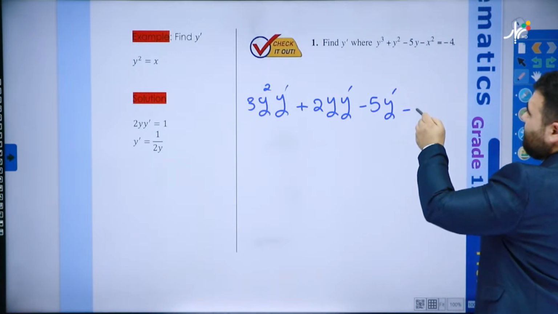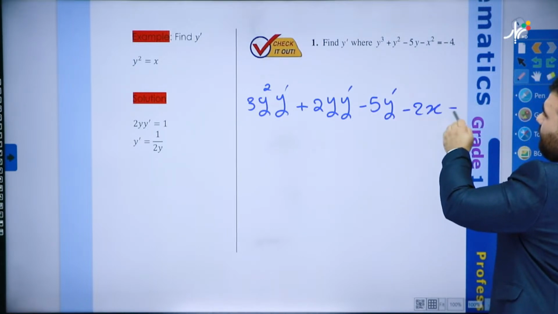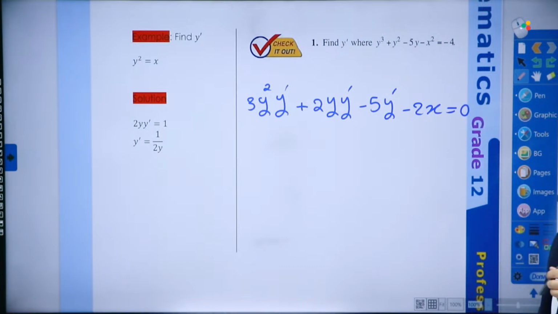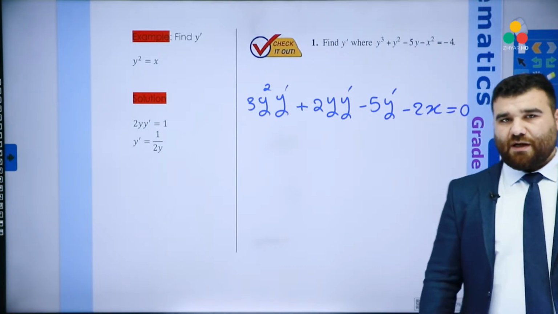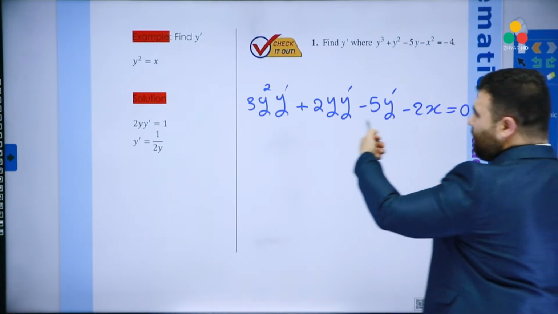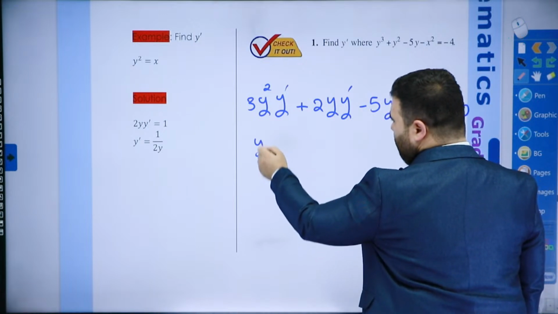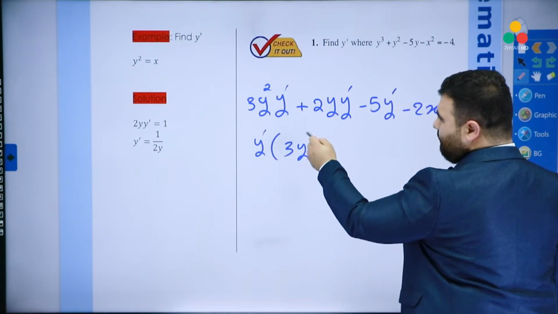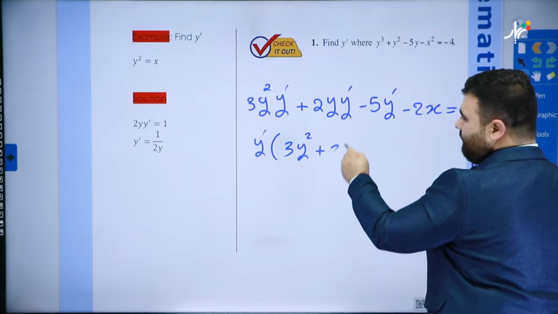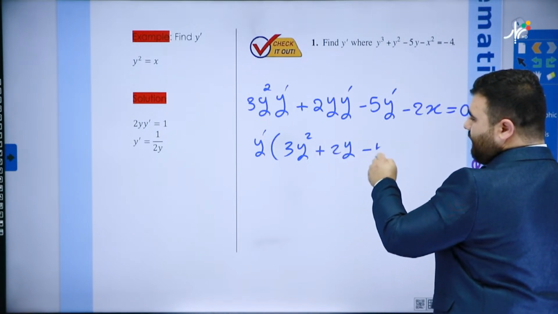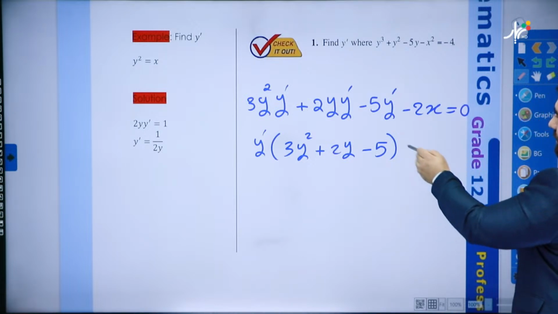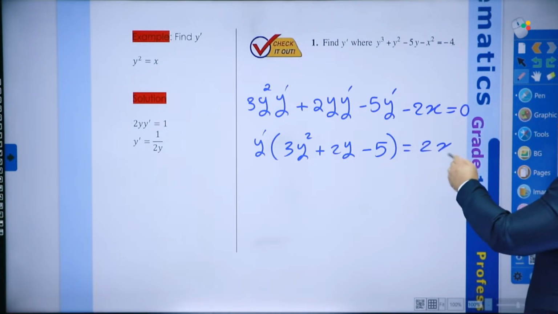Minus derivative of x is normal, 2x, equal to derivative of negative 4 is 0. Now, in order to find y prime, I should take y prime as common factor out. Y prime. What's remaining is 3y power 2 plus 2y minus 5. This negative 2x goes to the other side, become positive 2x.